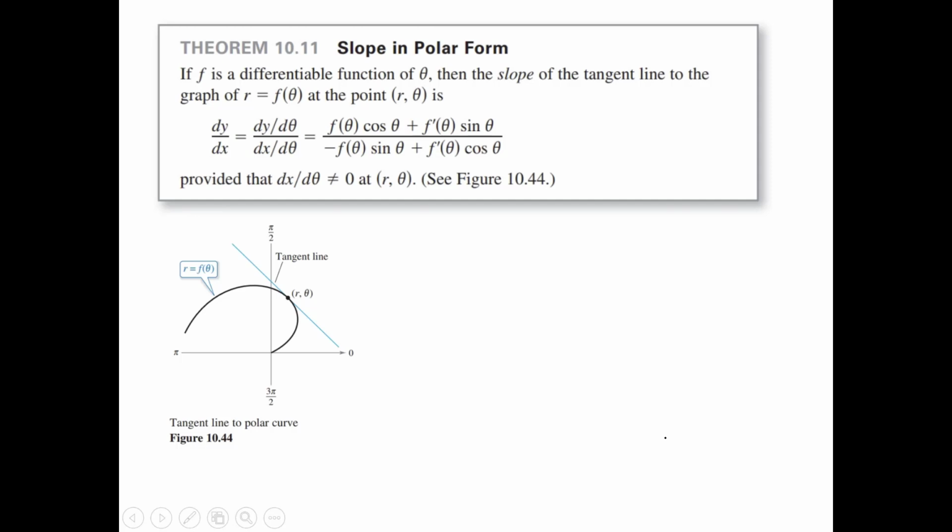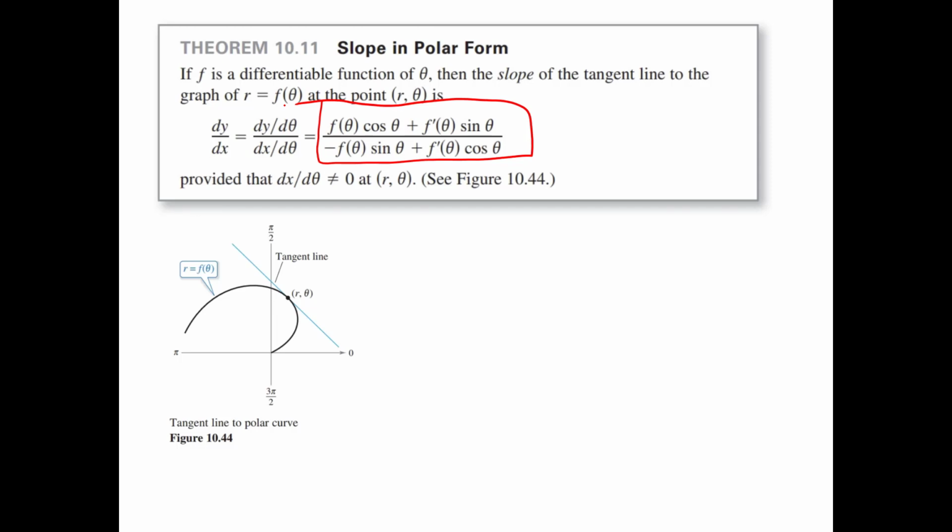So this is theorem 10.11, slope in polar form. If f is a differentiable function of theta, then the slope of the tangent line to the graph r equals f of theta at the point r, theta is, and here's the formula that we just derived, f of theta cosine theta plus f prime of theta sine theta, and then minus f of theta sine of theta plus f prime of theta cosine theta.